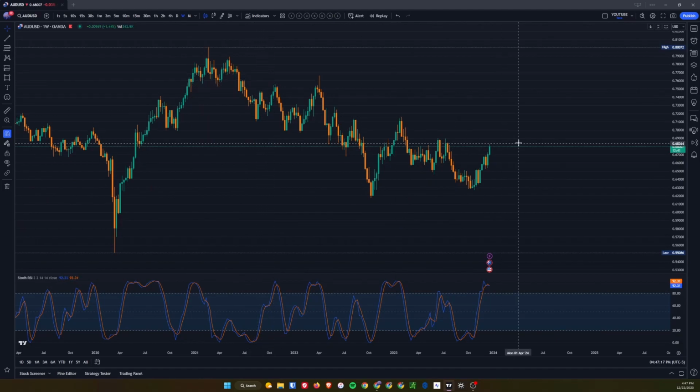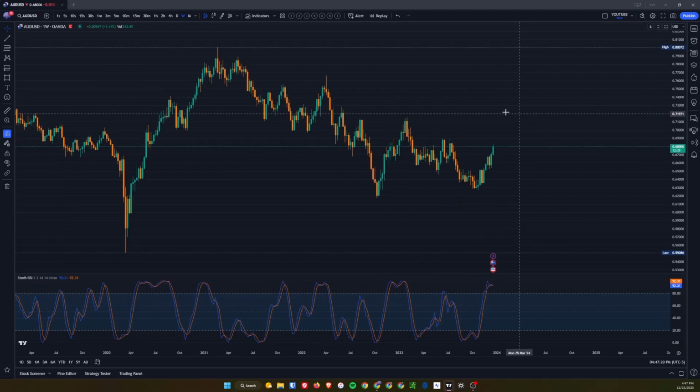Let's go on a weekly time frame. You can see even more reversals potentially happening. I always get this confused because they're so similar, but it was oversold, and then it was overbought, and then came down. Oversold, overbought, came down again.